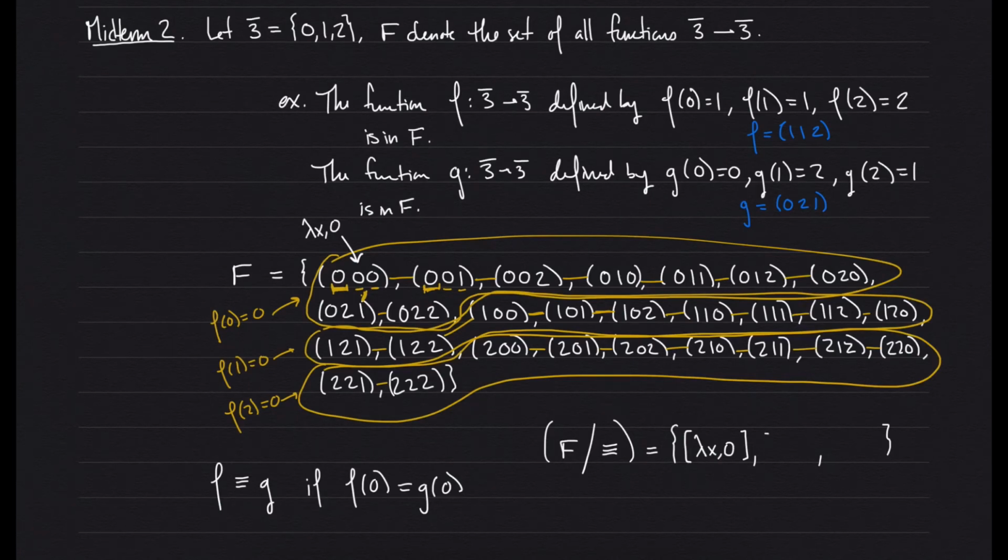For this one, we also have one special element, which is this guy here, 1, 1, 1. It could be defined by writing lambda x 1. So we can give that here as our representative. And here we can give this special element lambda x 2.